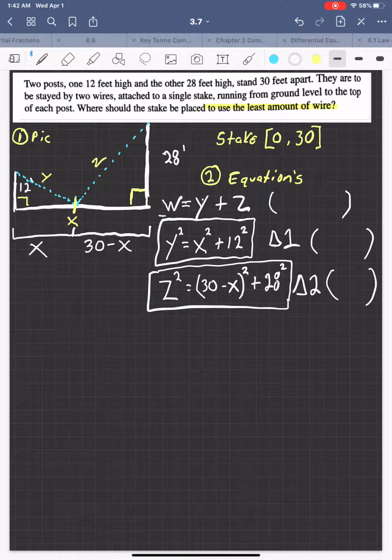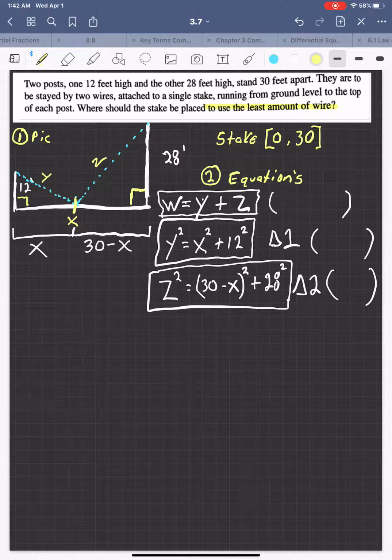As you can see, we actually have three different equations that are going to aid us in this problem. Right now, I want to answer the question: which one's the primary? As I stated in the last video where I wrote these little steps in a little bit more detail, the primary is always the thing that you want to minimize or maximize.